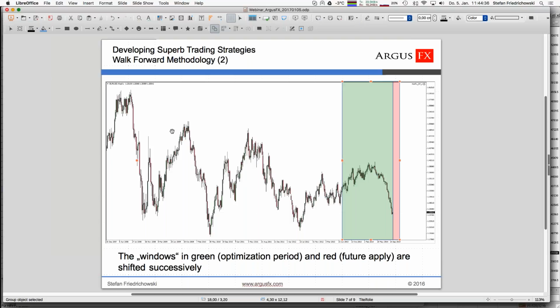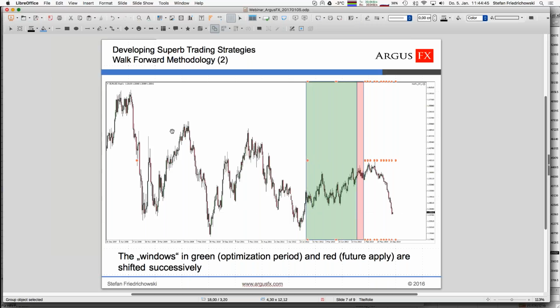It costs a lot of computer time, by the way, because you have to do that process again and again and again. But anyhow, finally you get equity curves only for history trades. So that is quite good and quite helpful.